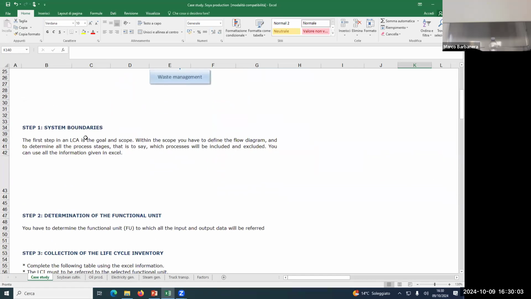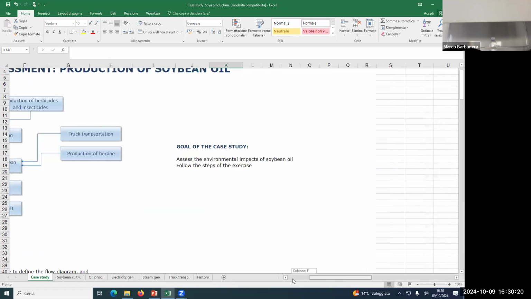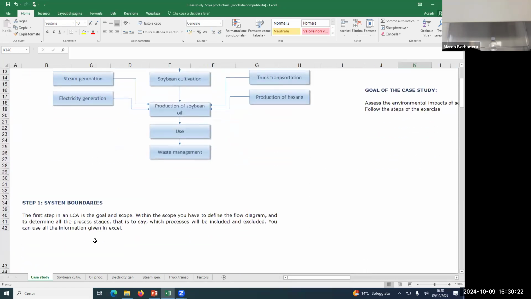So here you can read the definition, the first step, the definition of system boundaries. Then you have to define the functional unit of the LCA. In this case, the functional unit, I don't remember exactly, but I think that it is, I don't know, 1 liter of soybean oil.